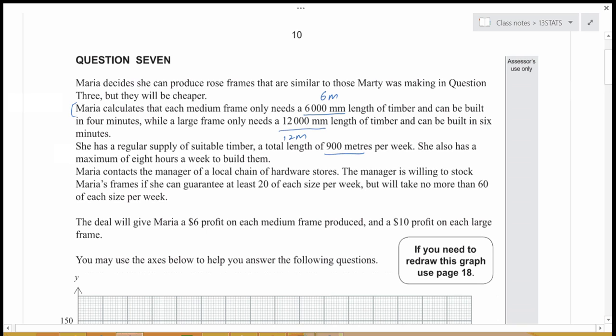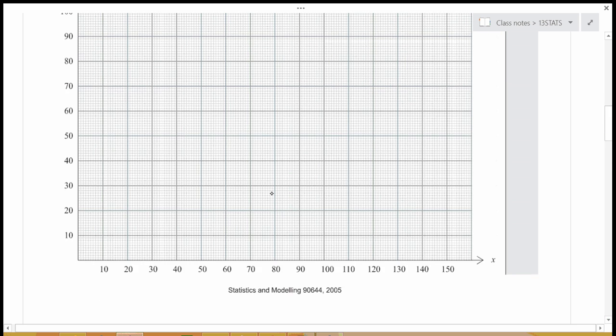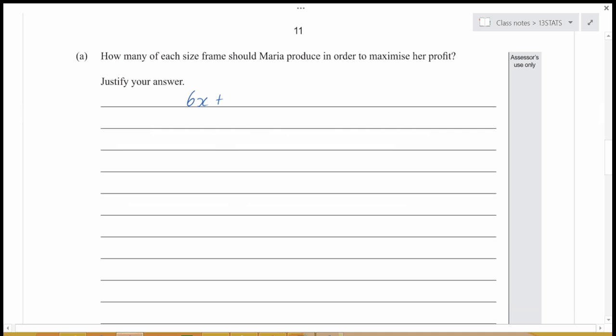Okay, so I'll write that information as a constraint in a second, but what I'll say is I'll call the number of medium frames I make X, and the number of large frames I make, I'll call that Y. So in other words, 6 times X plus 12 times Y has to be less than or equal to 900 meters.